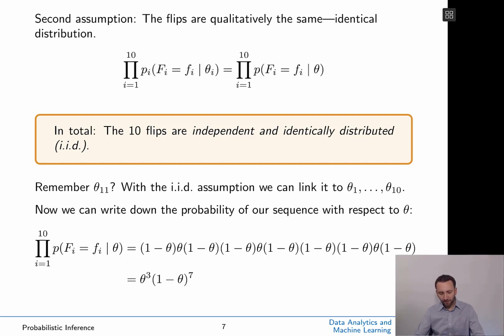Okay? So now this allows us essentially to reason about the 11th coin flip, right? Because now we know that we don't actually have theta 1 up to theta 10, but we have just this single theta. And if we can now learn this theta from the given data, from these 10 previous observations, then we can also reason about the 11th observation, because theta 11 equals theta as well, right?